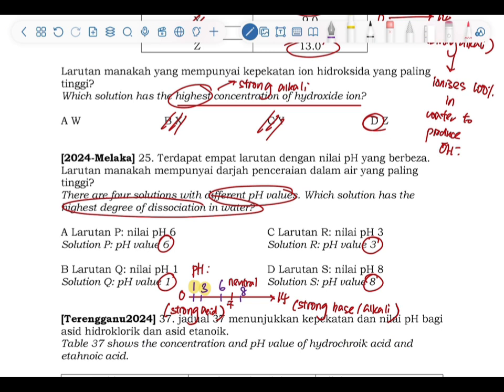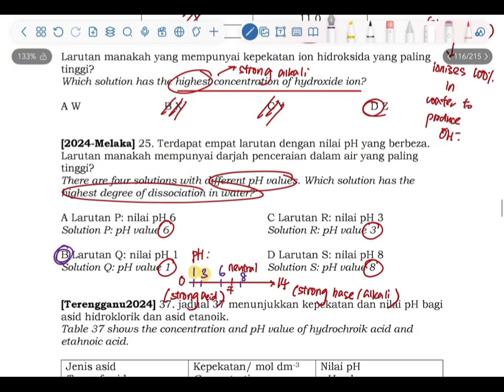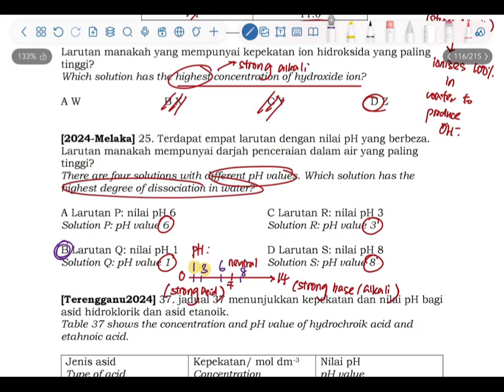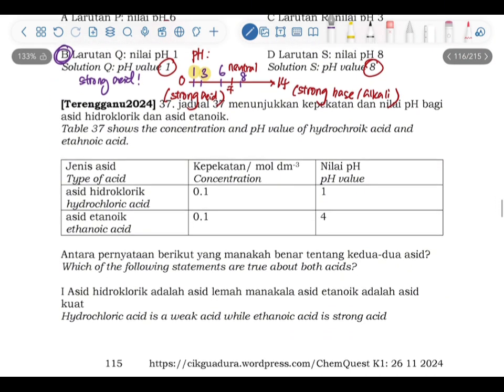So between 1 and 3, we will choose the 1. So the answer for this question is solution Q with the pH value 1. So this solution Q is actually a strong acid, because it has the smallest pH value.